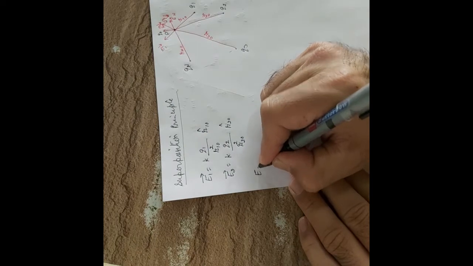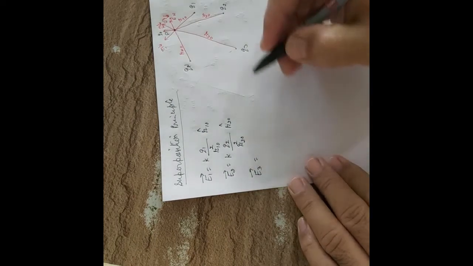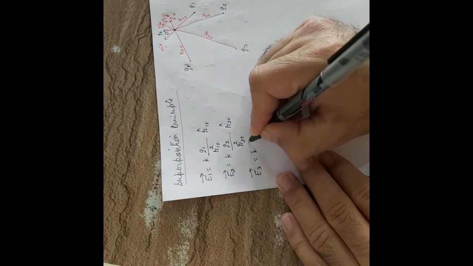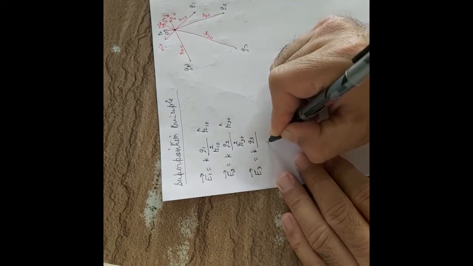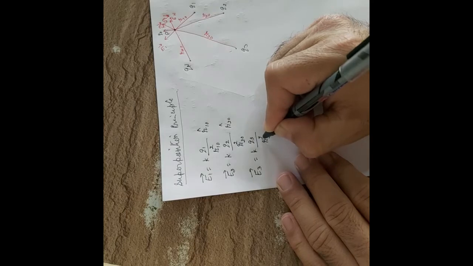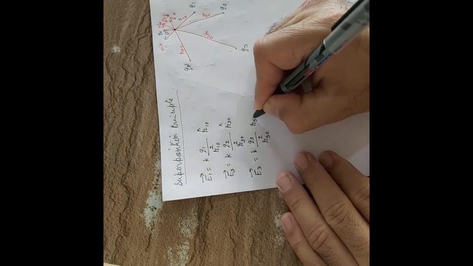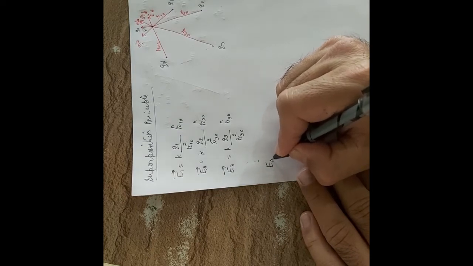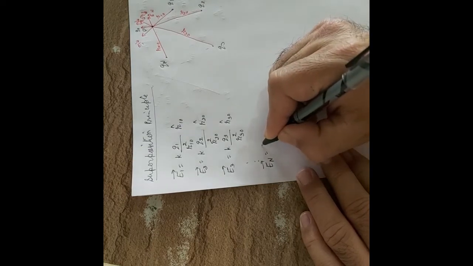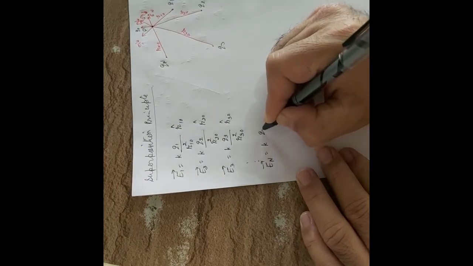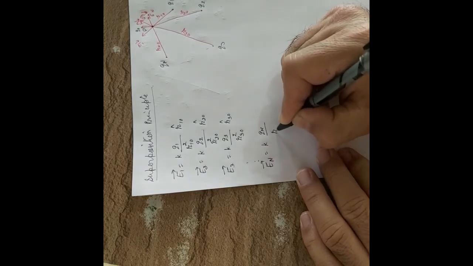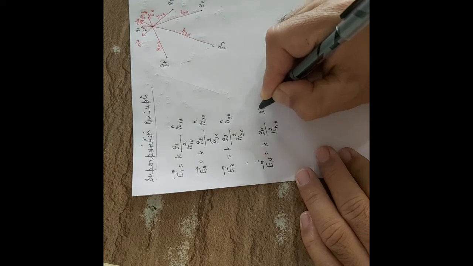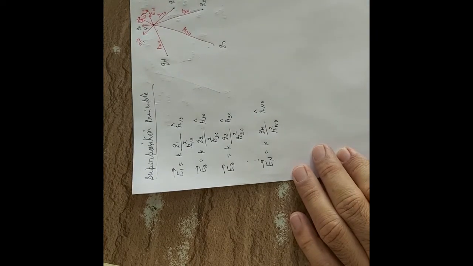Similarly the electric field at P due to q3 is k q3 divided by R30 squared, R30 cap. And so on. The electric field due to the nth charge is k qn divided by Rn0 squared, direction Rn0 cap.